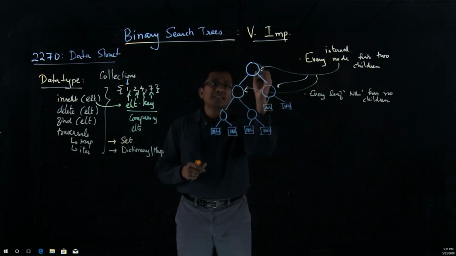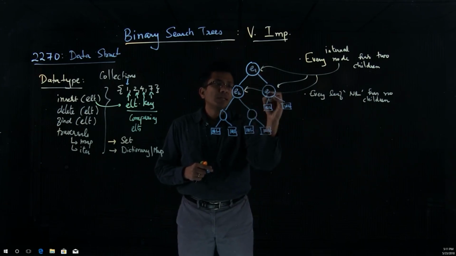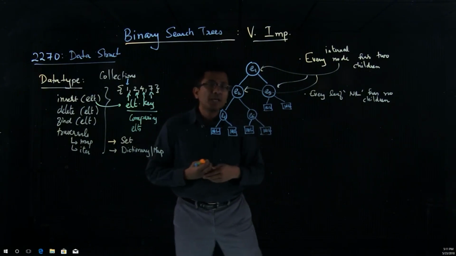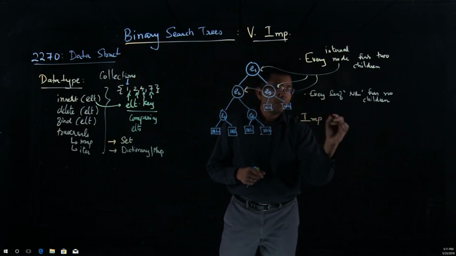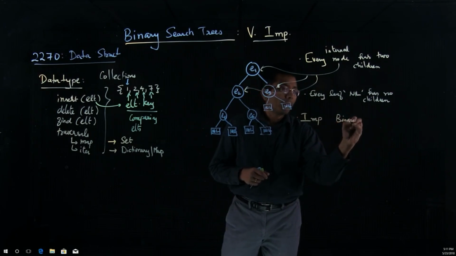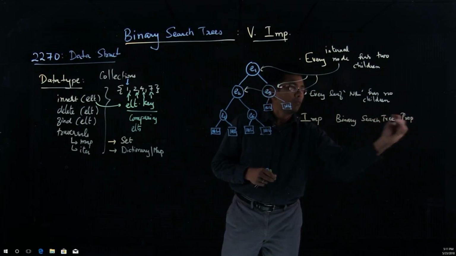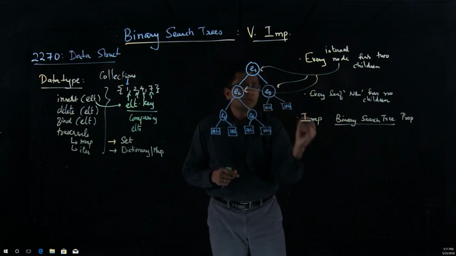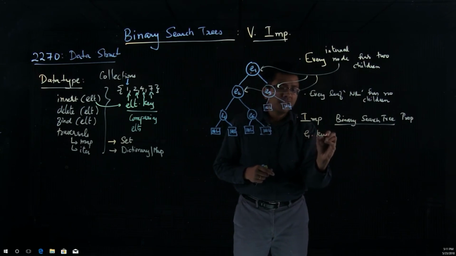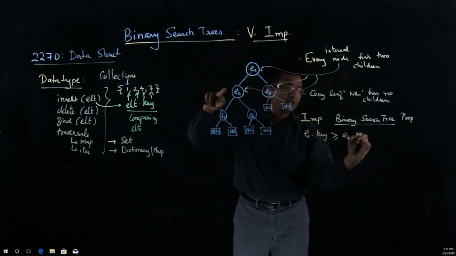Now what's the property? Every node has an element. Let's call these E1, E2, E3, E4, E5. The leaves don't have elements. Now the main, important property is the binary search tree property: if I have an element E1, then E1 dot key must be greater than or equal to E2 dot key.